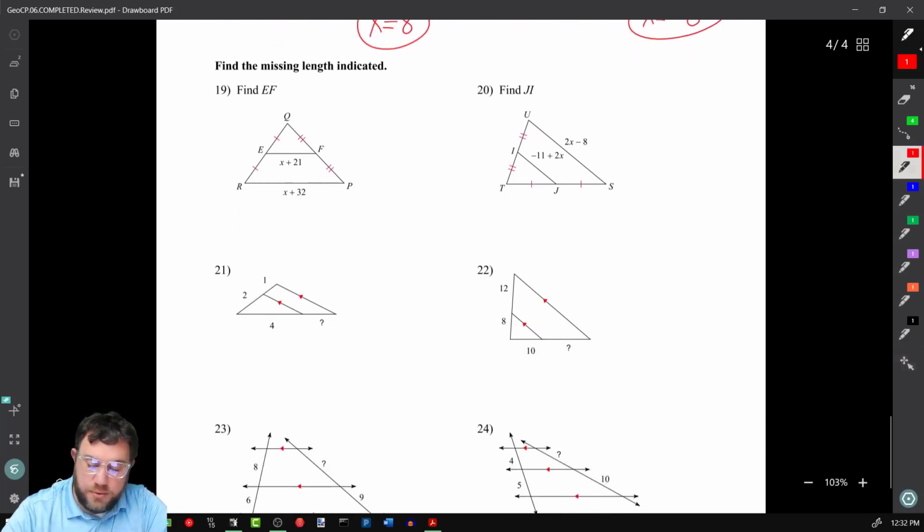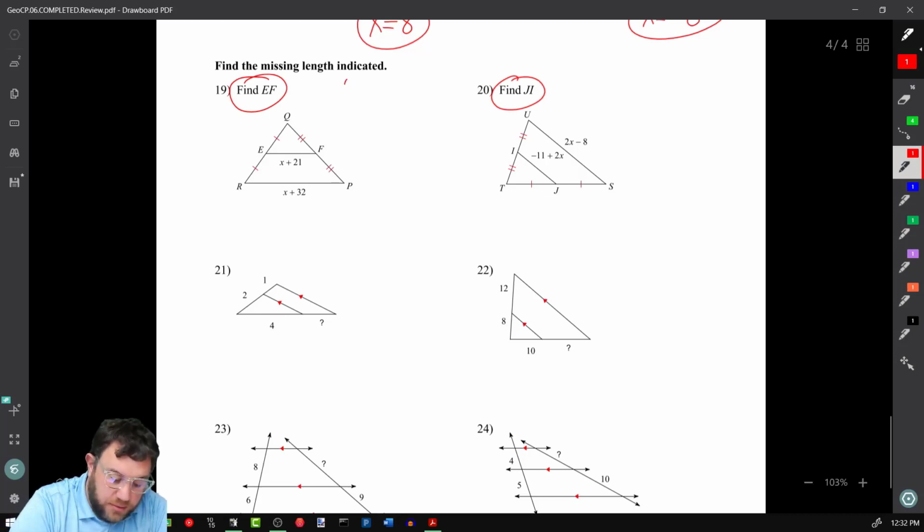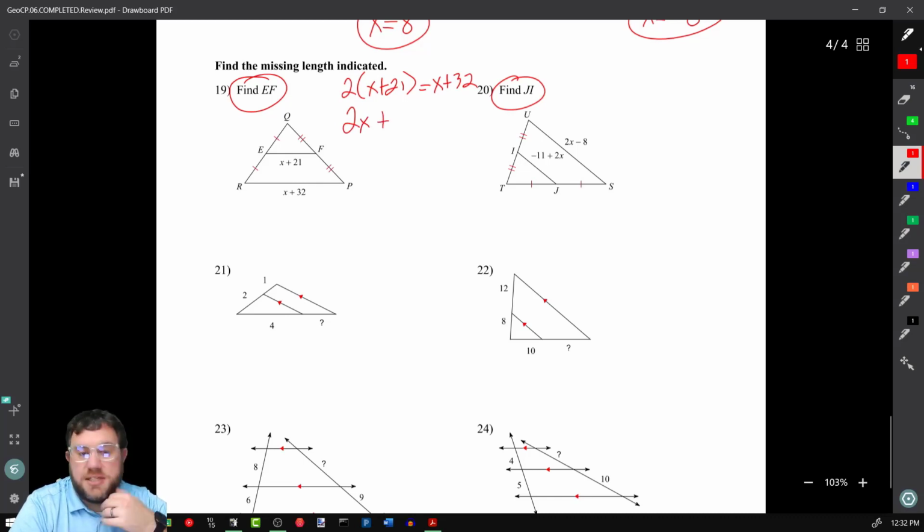For 19 and 20, we'll start off doing the same exact thing, but in these, once we find x, we need to go back and find the total length of one of our segments. So 2 times x plus 21 equals x plus 32. Distribute out. 2 times x is 2x. 2 times 21 is 42.